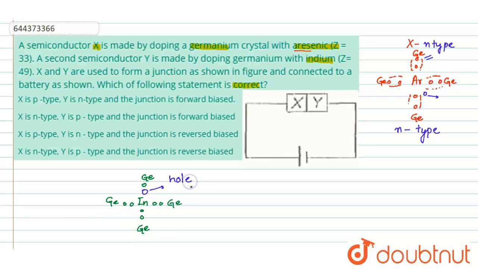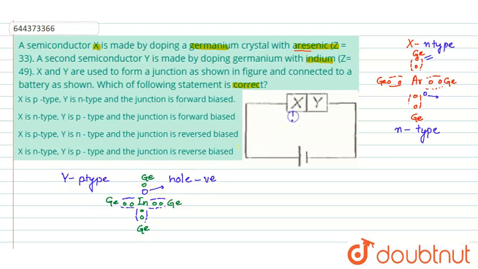We treat a hole as a positive charge carrier. There will be a vacancy in the crystal where an electron can jump, and we treat the vacancy as a hole or positive charge carrier. So this simply means that Y is a p-type semiconductor.